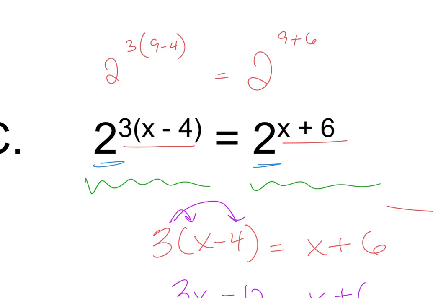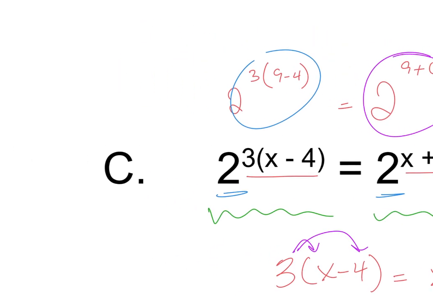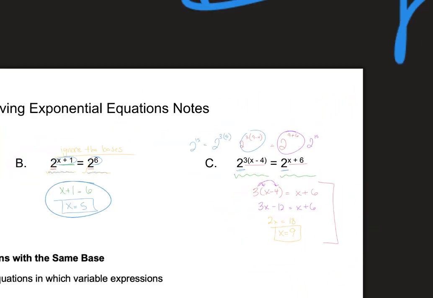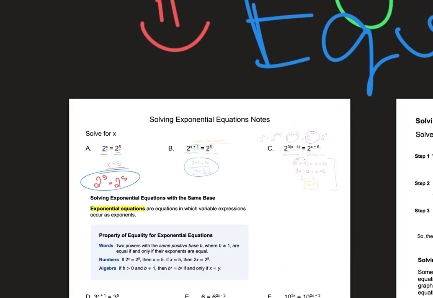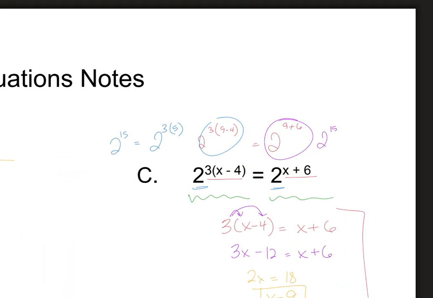So over here, this is 2 to the 15th, yeah? And then over here, that is 2 to the 3 times 5. Well, pretty sure you're going to say that's 2 to the 15th. And now we're back to this scenario of, do you look at that and disagree with that? No, I don't think you do. So I don't think you'll disagree with those two being equal to each other either, right?